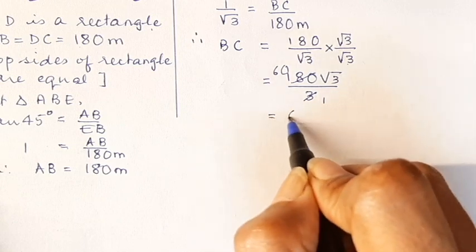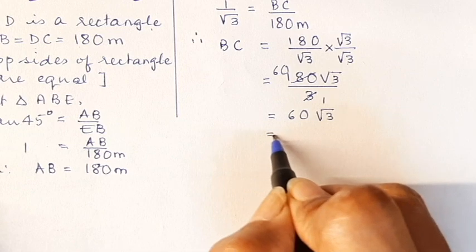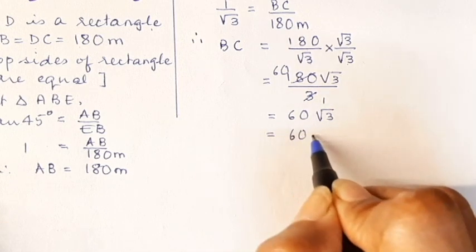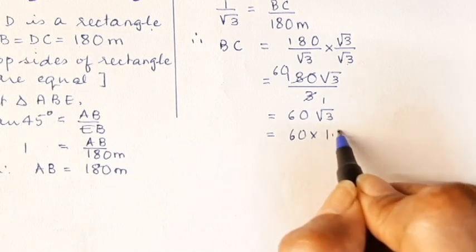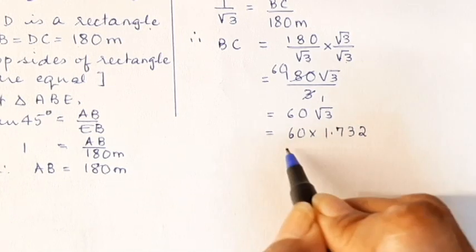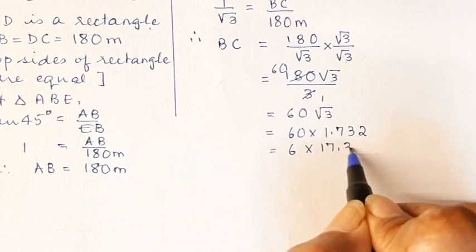So that is equal to 60 root 3, which is equal to 60 multiplied by, we'll substitute the value of root 3 as 1.732. That will give us 6 multiplied by 17.32.